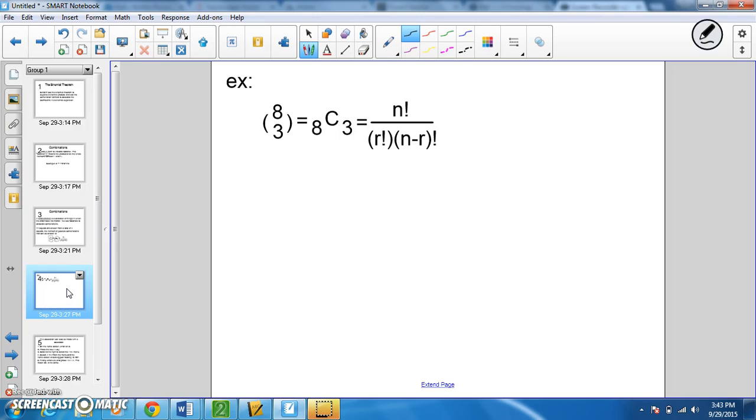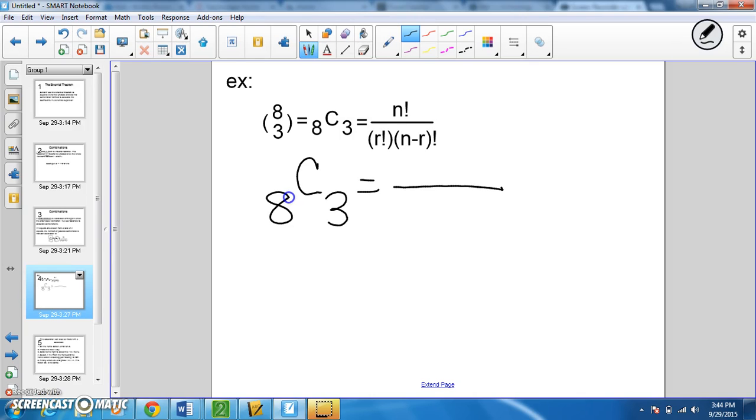Imagine we have 8 books and we'll choose 3 to take on a trip. We have to figure out the number of possible combinations. So we would have 8 choosing 3 to plug into our formula.